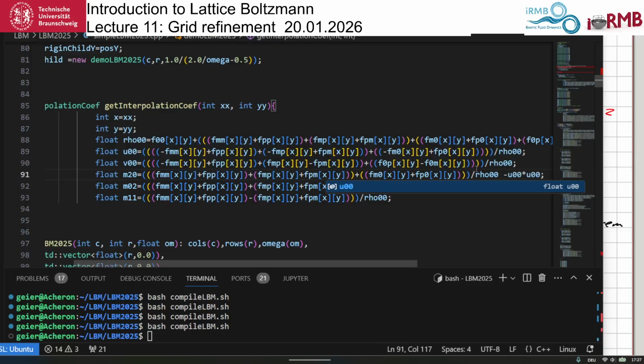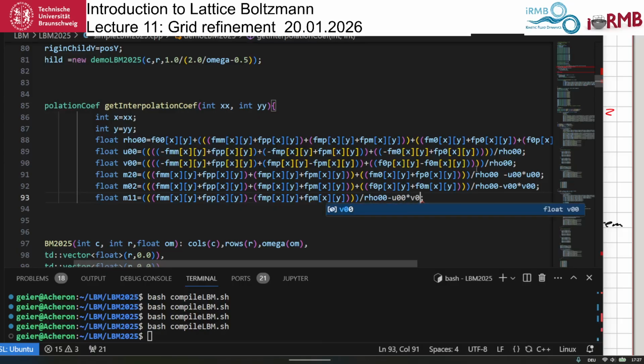We also have to subtract rho, but we take the difference anyway, so I'll forget about this now. And this here would be v00 times v00. And down here it will be u00 times v00.